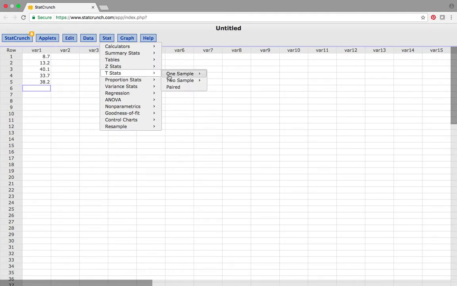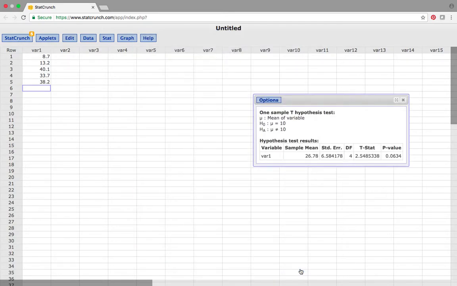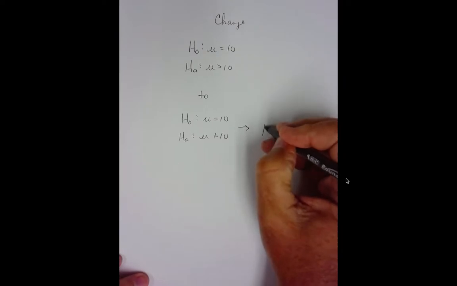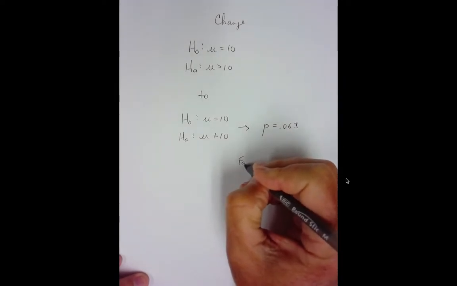Stat, t-stat, one sample with data. Select the variable, do 10, not equal to 10. What do we get? We get a p-value of 0.063. Fail to reject.